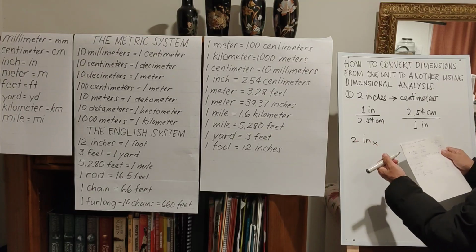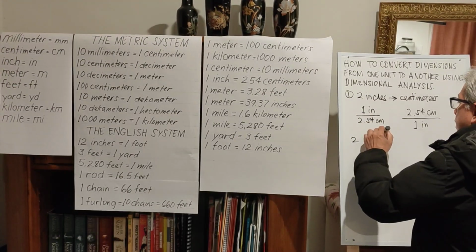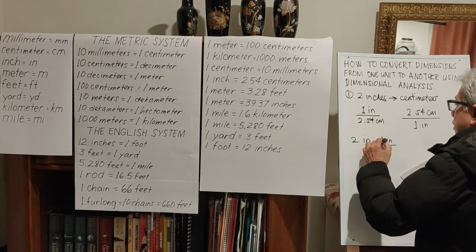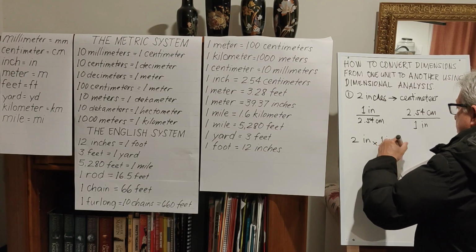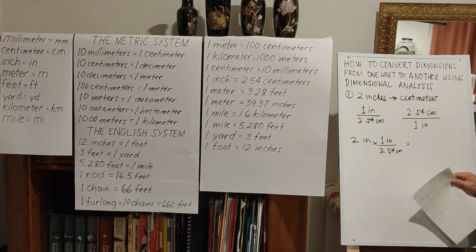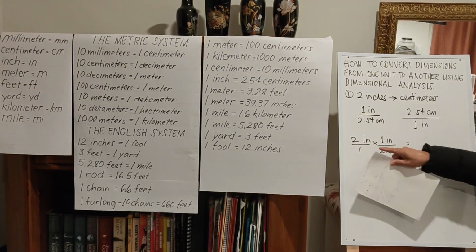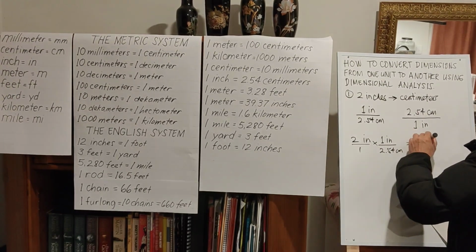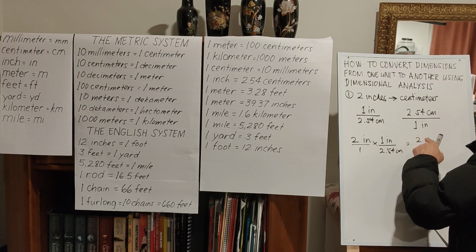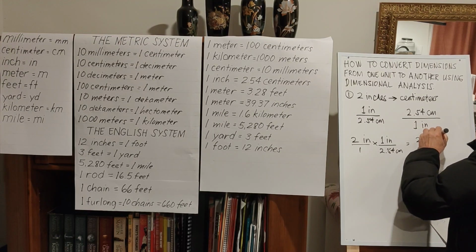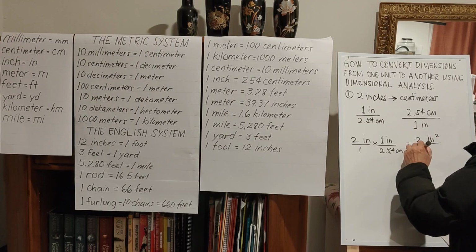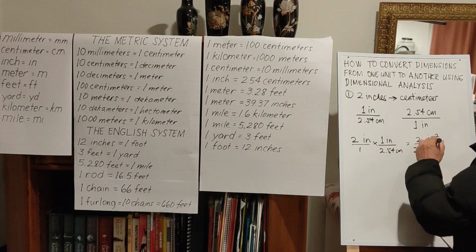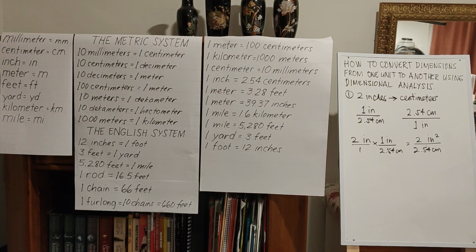So let's try first this one: 1 inch divided by 2.54 centimeters. 2 times 1 inch times inch will become 2 inch squared over 2.54 centimeters. So the unit has become more complicated. It's inch squared per centimeter.